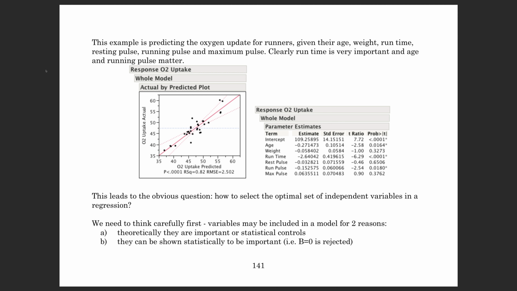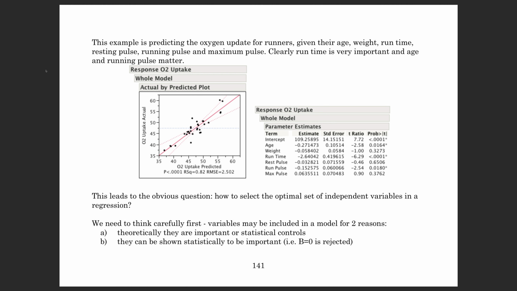We have resting pulse rate, running pulse rate, and maximum pulse rate. So what do these 3 things mean? The resting pulse rate is your pulse rate before you start the exercise. In other words, when you're at rest, does your heart beat fast or slow to start with?